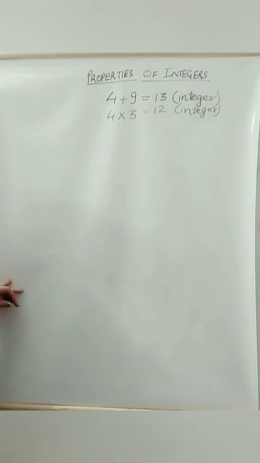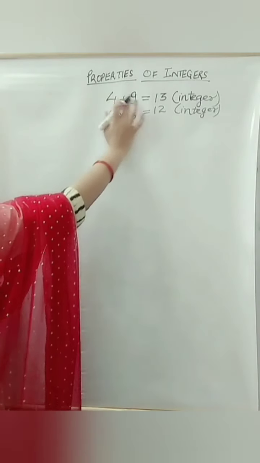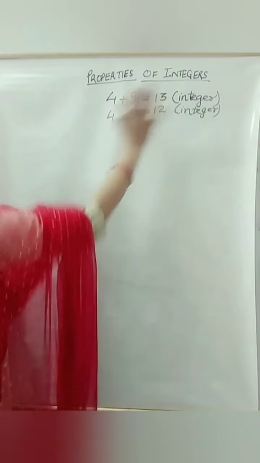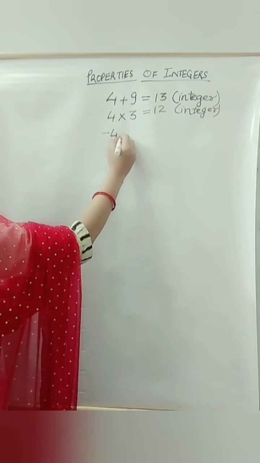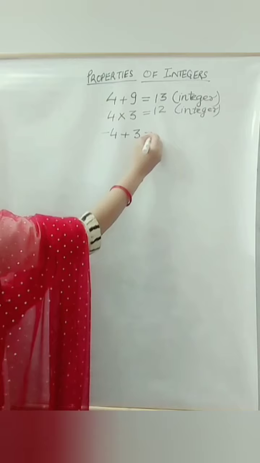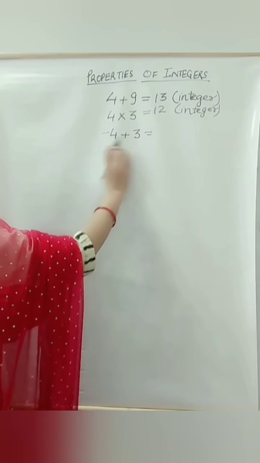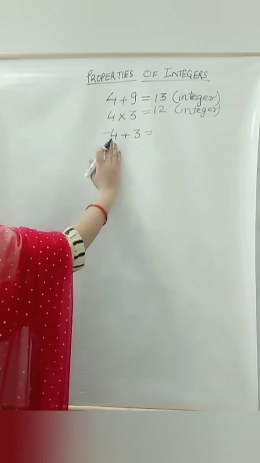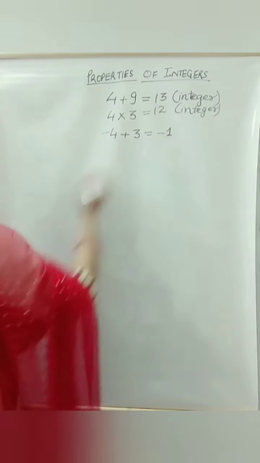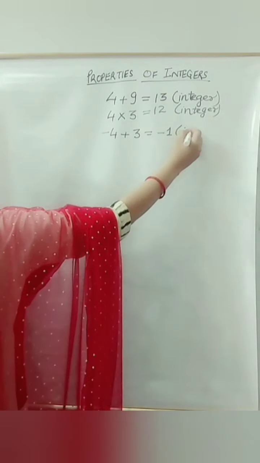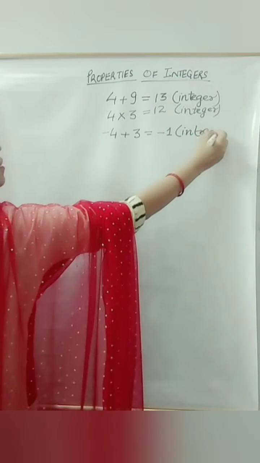If the signs are the same, both positive, we are getting the integer. What about if we are going to take one negative and another one positive integer, opposite sign integers? This also we are going to add, but the signs are different. Minus 4 plus 3, we are getting negative 1. Negative 1 is also an integer.